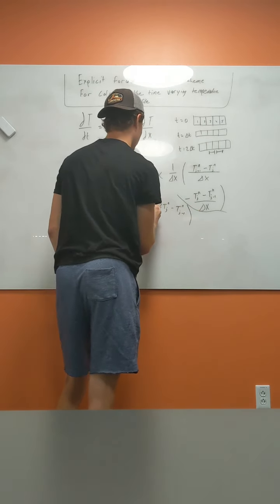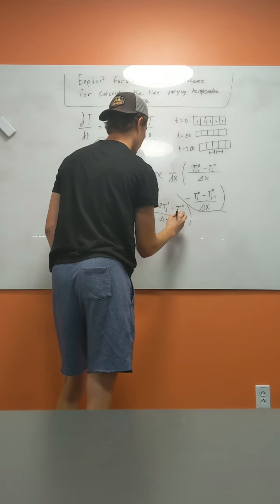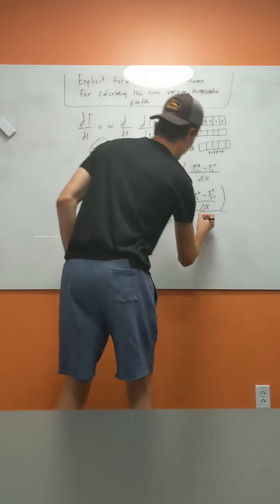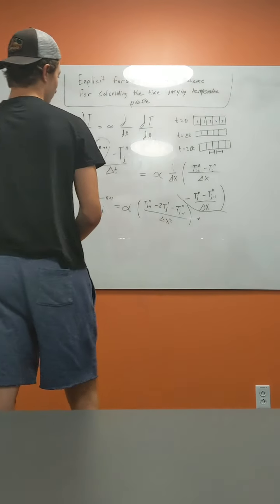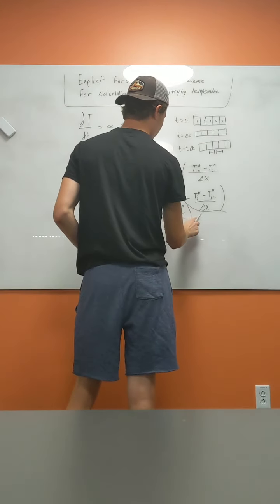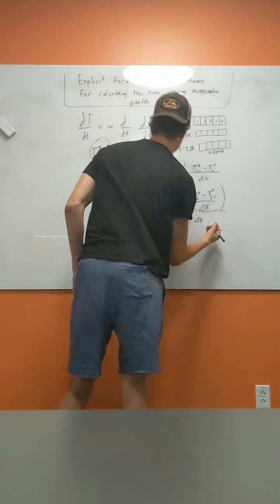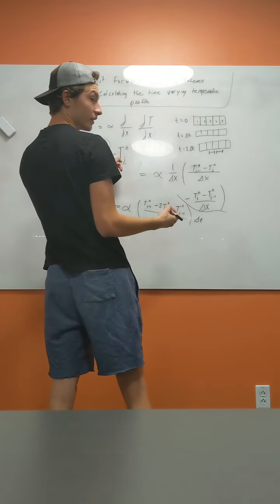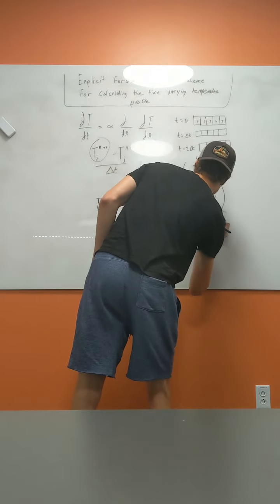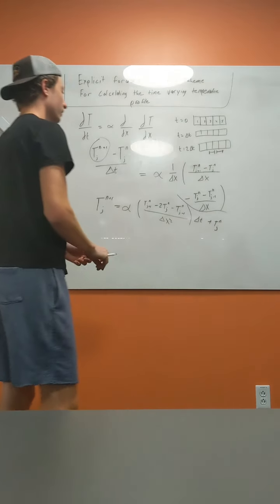Okay, all divided by change in x squared, plus, actually multiply it by change in time, and then adding this up here, T n j.